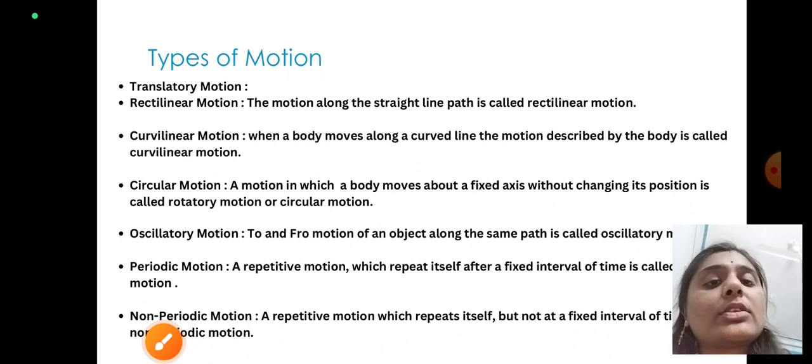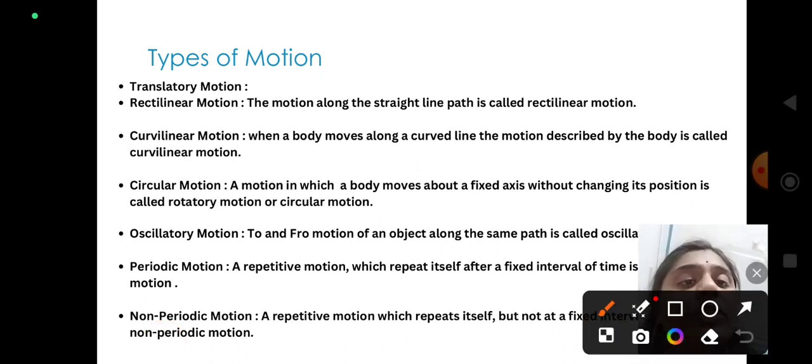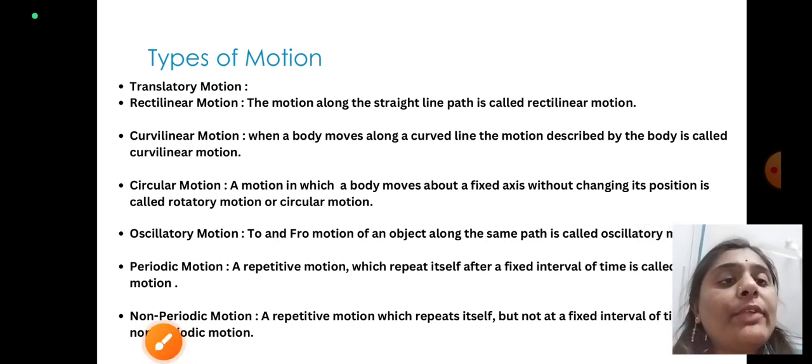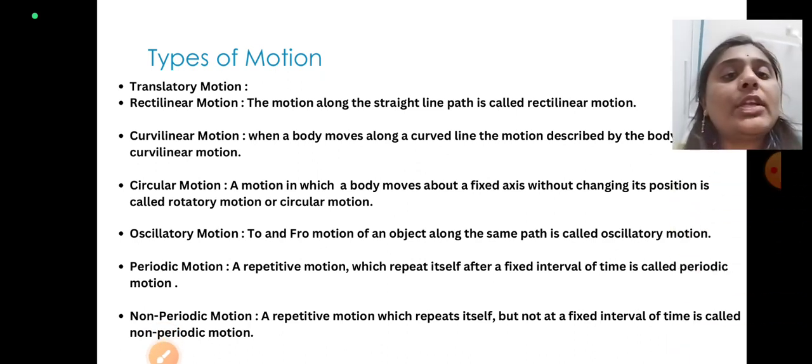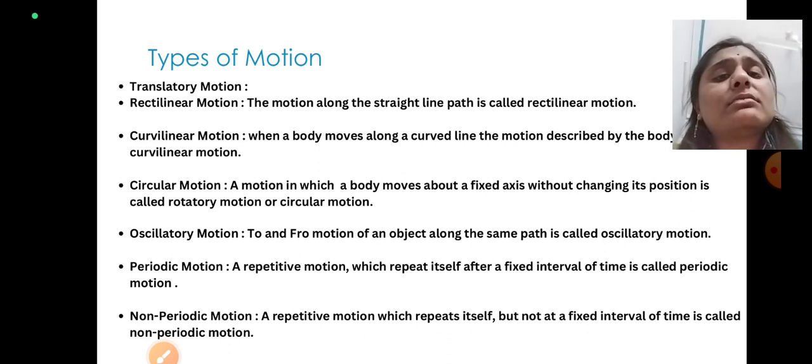What is meant by oscillatory motion? Oscillatory motion means to and fro motion of an object along the same path. Periodic motion will also come. See here, there is a very small difference between oscillatory motion and periodic motion.